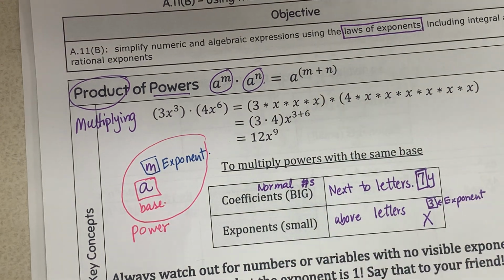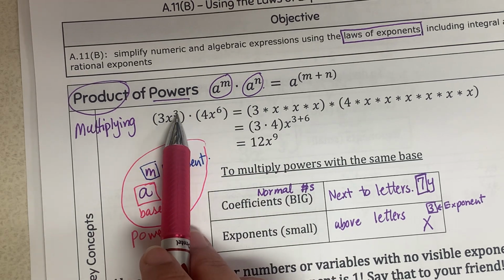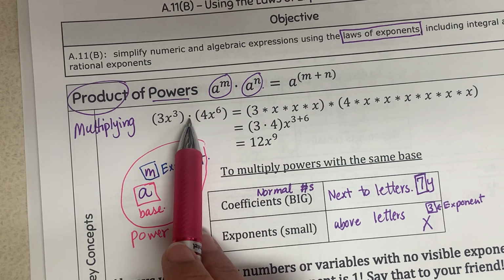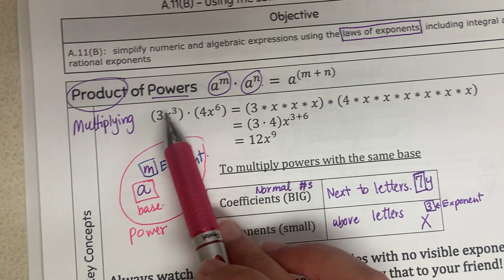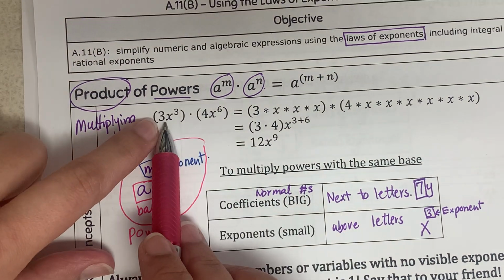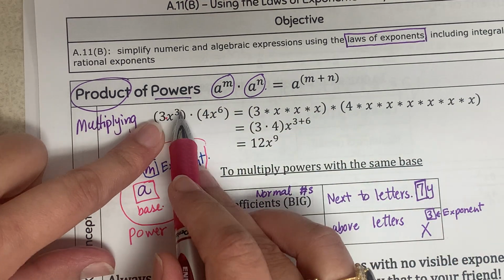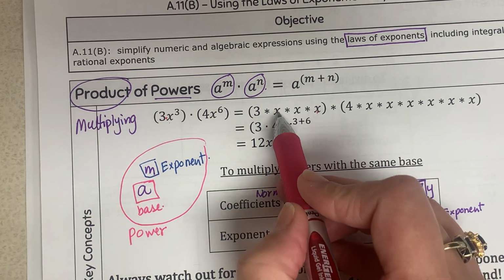How did they come up with that property? Let's review. 3x cubed multiplied by 4x to the 6th. You're not going to see the multiply sign anymore; it's going to be a dot. So 3x cubed means you have 3 multiplied, there's nothing between them, so it has to be a multiplication sign. x cubed means you have x triple: 1, 2, and 3.